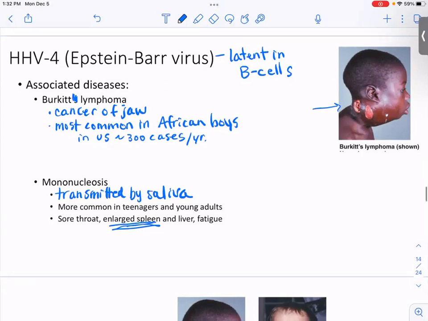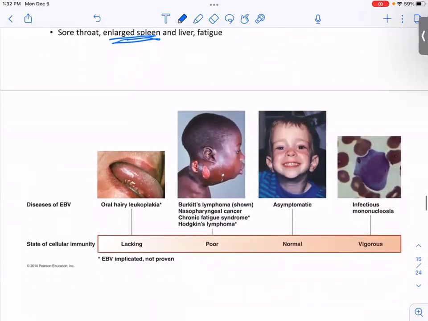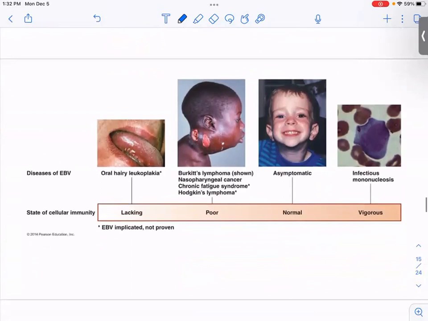Why does that just show up in young adults and teenagers? Well, there is some link with Epstein-Barr virus as to how it manifests in the host, depending on the state of the host's cellular immunity. So if you are exposed to Epstein-Barr virus, HHV4, for the first time as a young child, then typically you don't have any symptoms at all, kind of unusually.